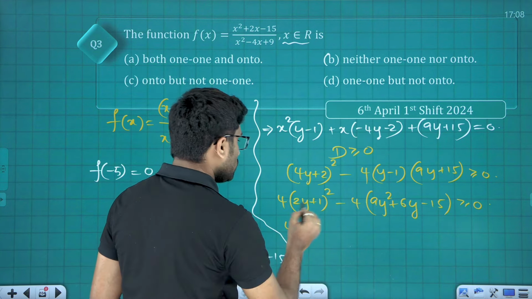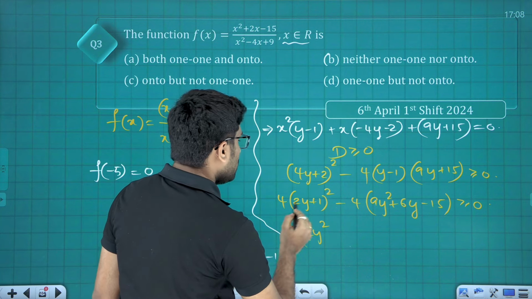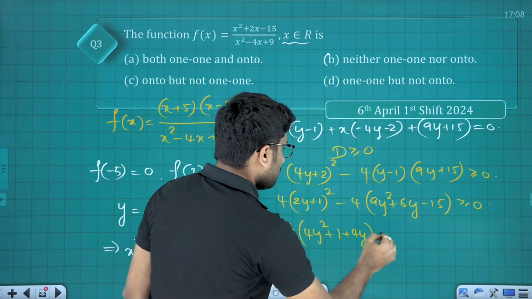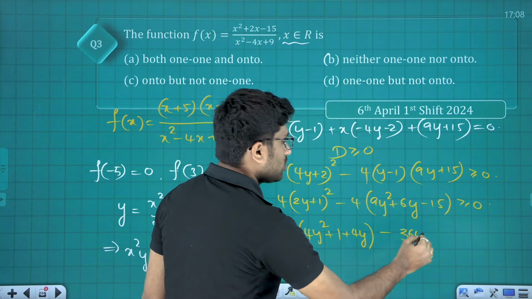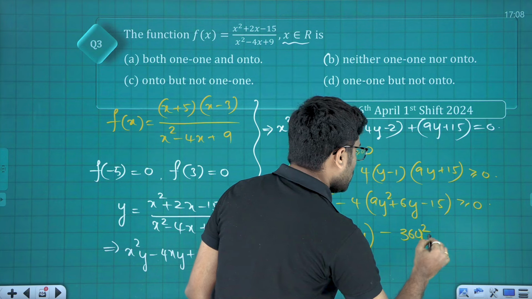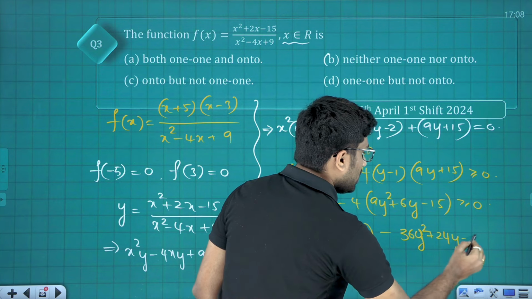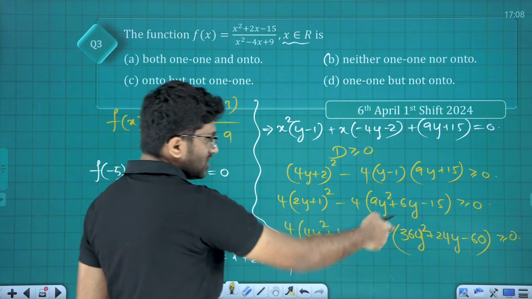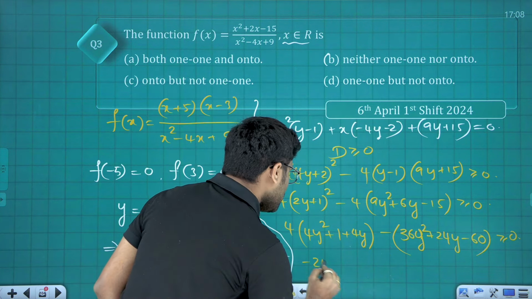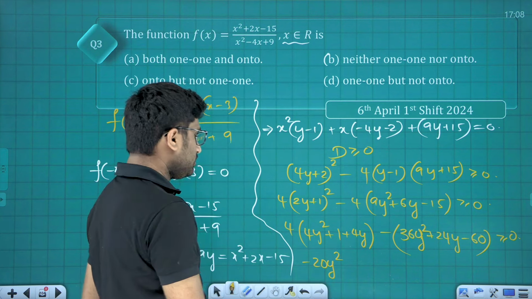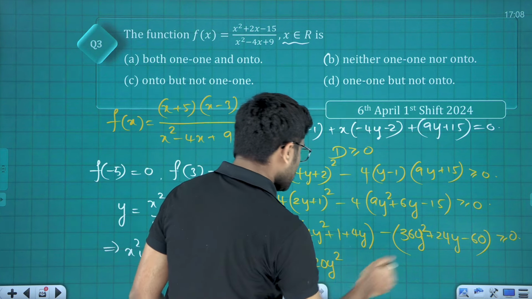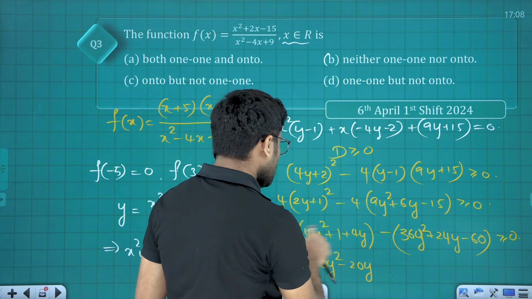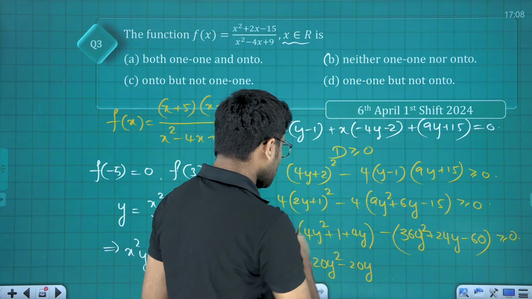So 4 into 2y square is 4y square plus 1 plus 4y, minus 9y square, plus 6y, minus 15 greater than or equal to 0. So 4 4s are 16, 16 minus 36 which is minus 20, minus 20y square, 4 1s are 4, 4 minus 24 which is minus 20y. Clear?